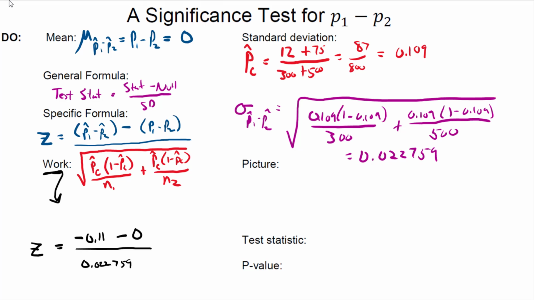And for that value, we should get negative 4.833. So we got a z-score of negative 4.833.